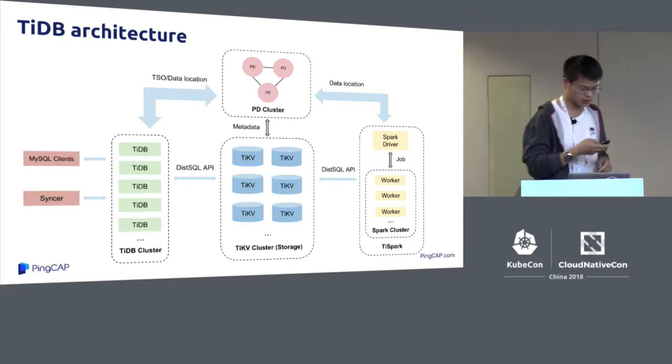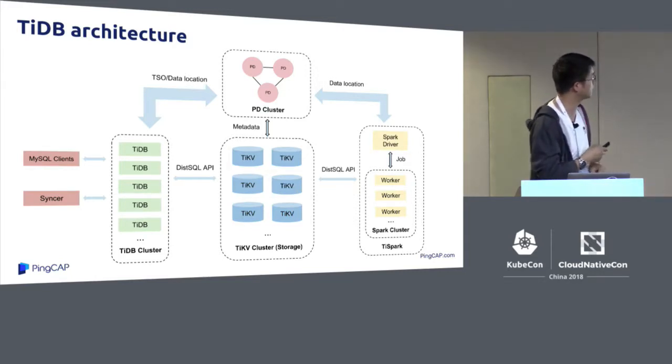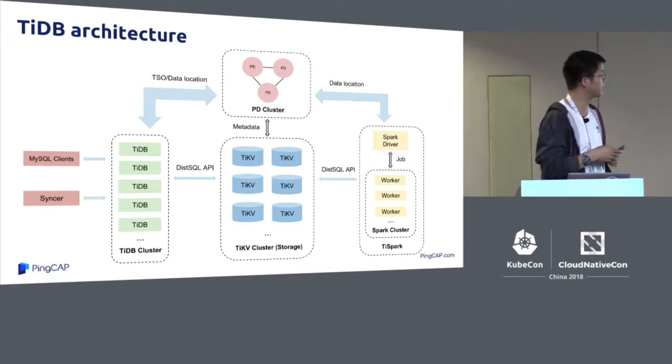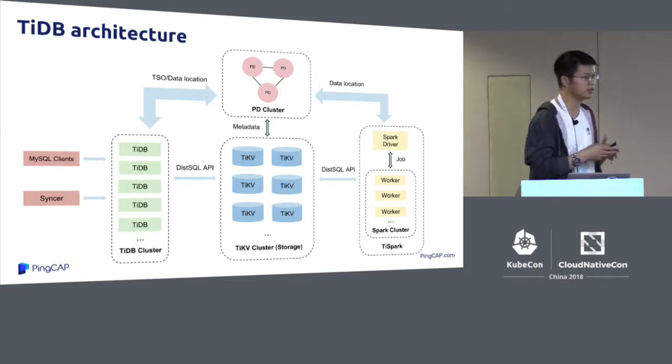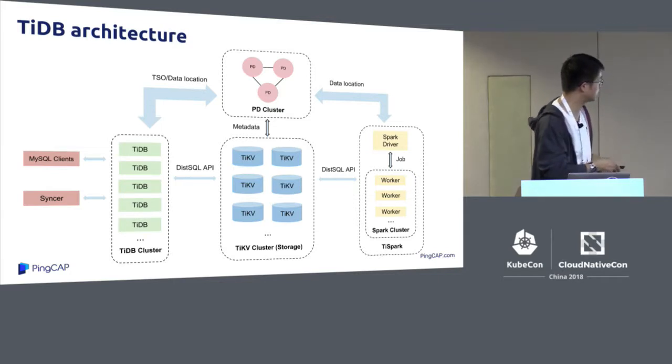The TiDB architecture. TiDB is composed of three core components: the PD, the placement driver. It stores the cluster's metadata, and it has the God view of the whole cluster. It allows scheduling the data between nodes, and the TiKV is the KV storage engine.